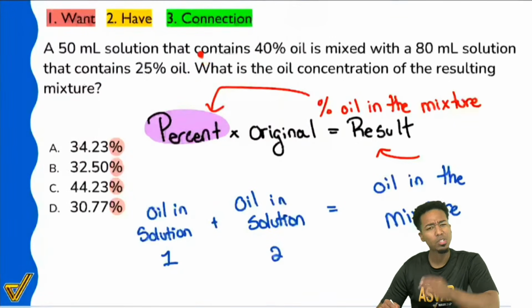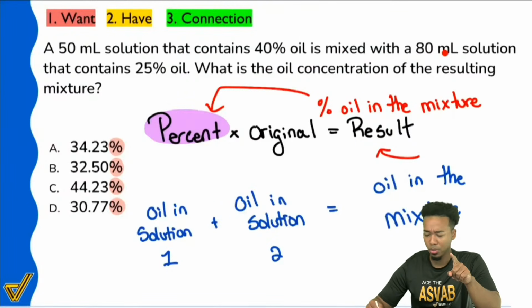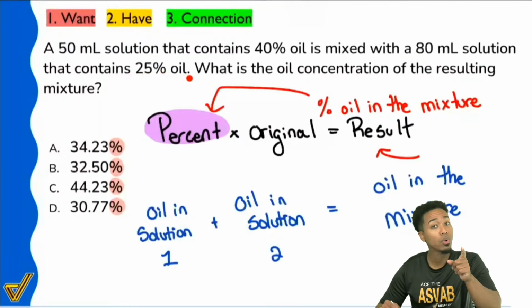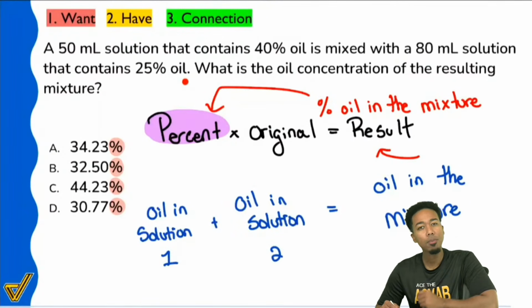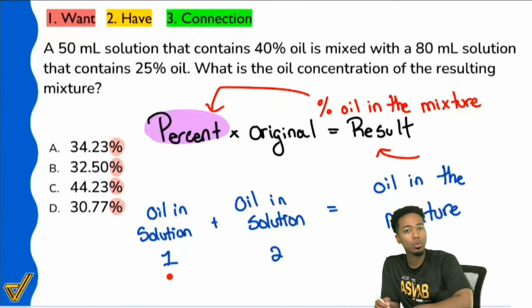Look at that. In solution 1, they didn't give you the amount of oil, they gave you the percentage of oil. For solution 2, they don't give you the amount of oil, they give you the percentage of oil. Everybody, think about it. If we wanted to find how much oil was in solution 1, couldn't we use the percent of oil in solution 1?